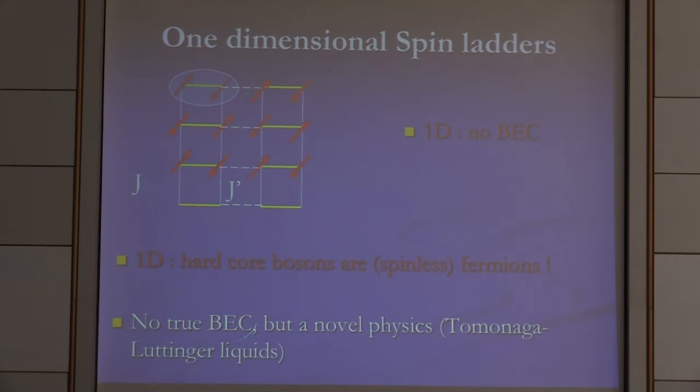So as I said, there is no Bose-Einstein condensation of these poor bosons here, but there is something which goes by the name of Tomonaga-Luttinger liquid, which is, for interacting particles in one dimension, the replacement of the Fermi liquid for interacting quantum particles in 3D, let's say. So this physics is now well documented, and the question is, can we observe it in this material?